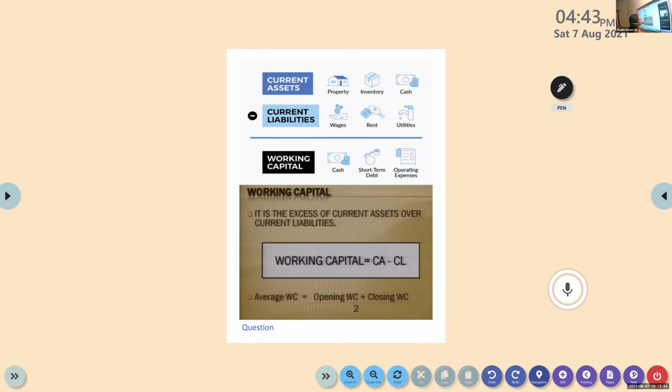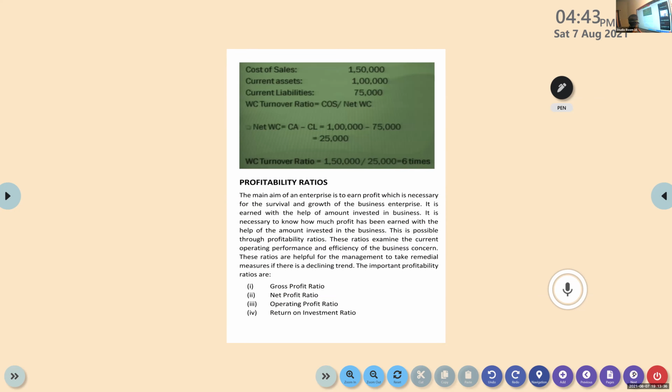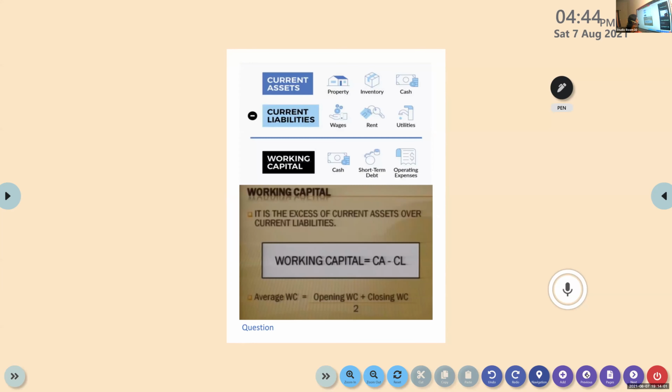So here is a problem for you. The cost of sales is given. Current asset, current liability is given. I didn't tell you the formula to find this out, did I?